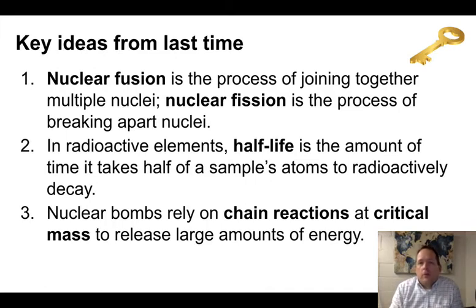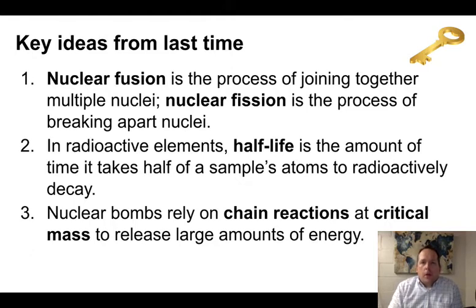Now, fission happens on its own in many radioactive elements, but you can also help it by hitting the nucleus with something like a neutron. When you have something that is radioactive, it is often characterized by something called half-life, the amount of time that it takes for half of the sample to radioactively decay.